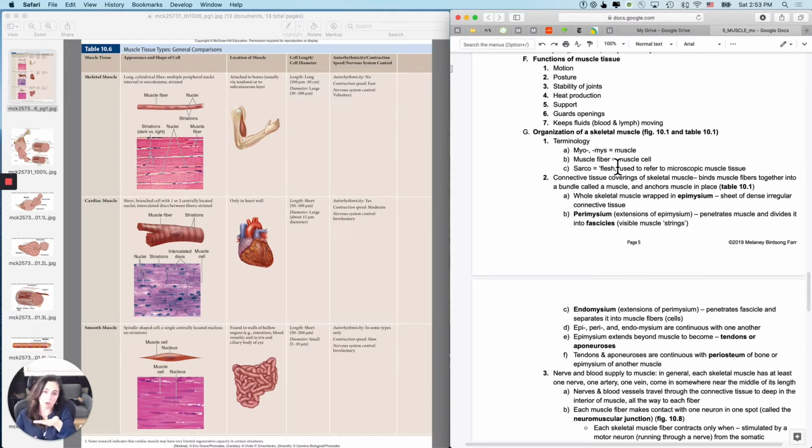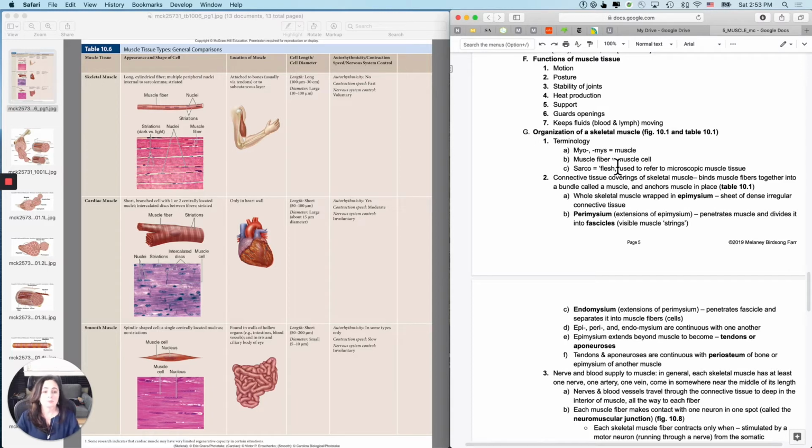They're responsible for holding your organs in there, among other things. And then sphincters especially are responsible for guarding openings. And then muscle contraction keeps blood and fluids moving in your body because of the muscle that's inside the wall of the vessel. And also, if you squish on a vessel, it'll move things through the vessel, even if you squish on it from the outside.